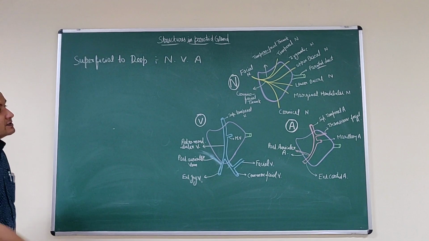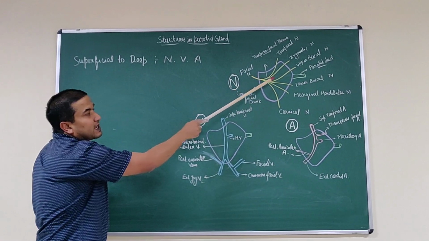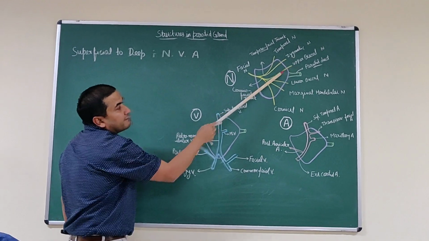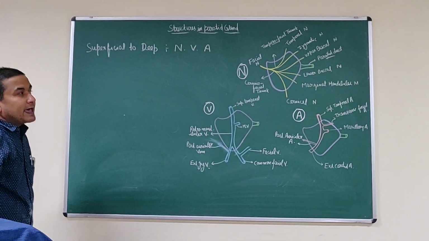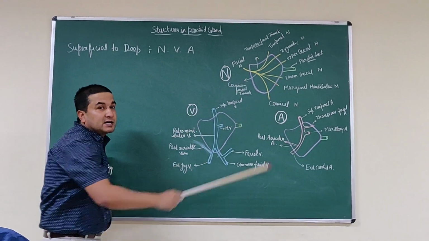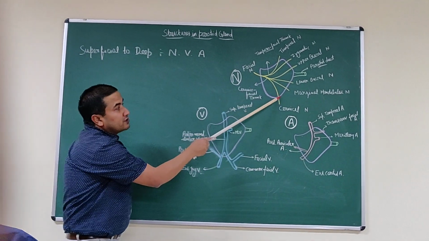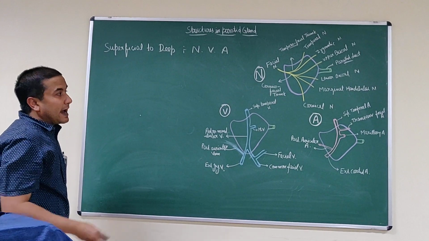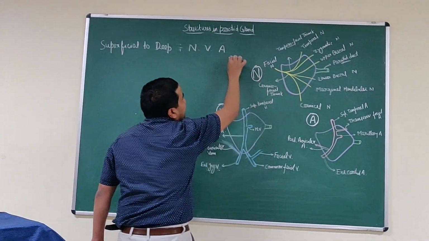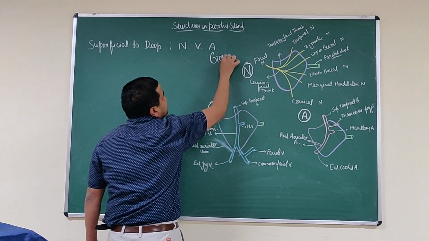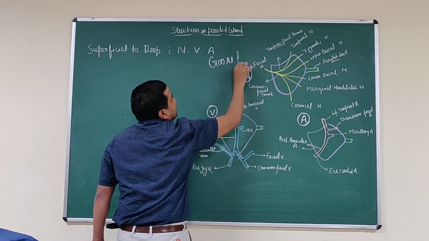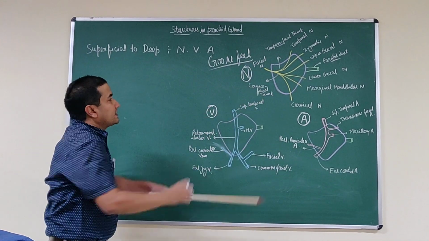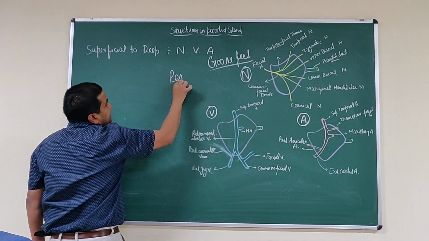So this facial nerve inside the parotid gland ultimately divides into 5 branches, and these 5 branches emerge from the deep to the anterior border of the parotid gland, and this gives the appearance of a goose foot, and this type of appearance is known as the pes anserinus.